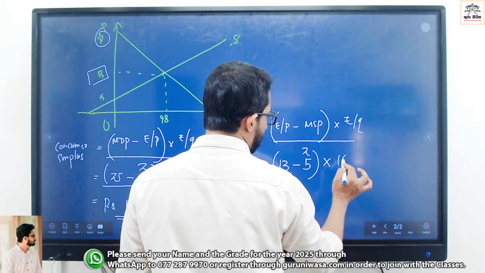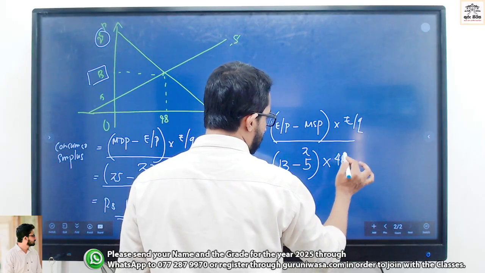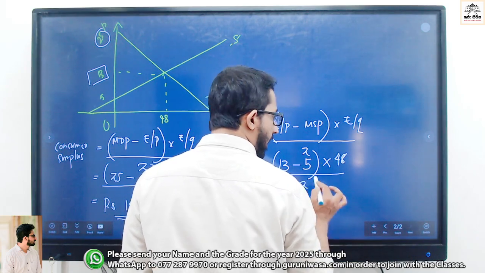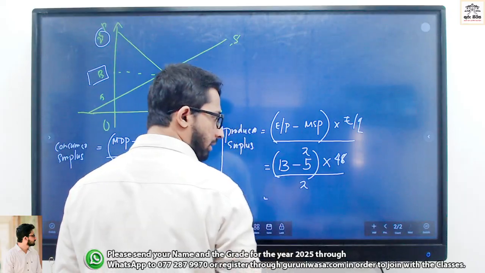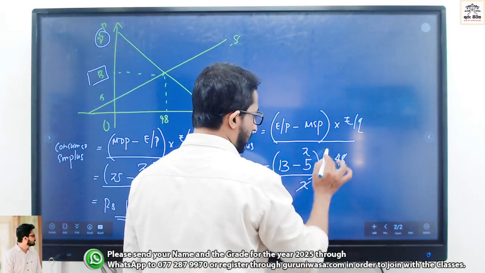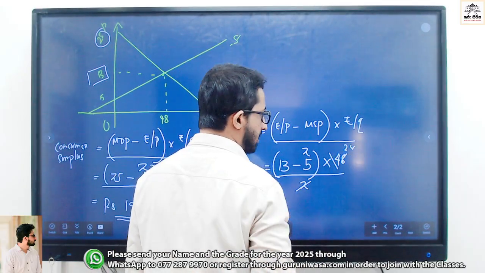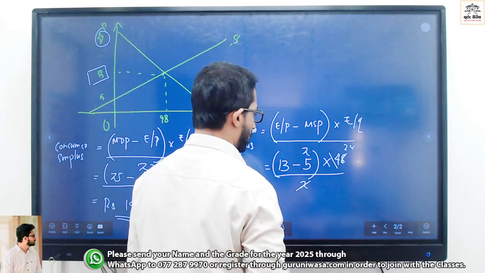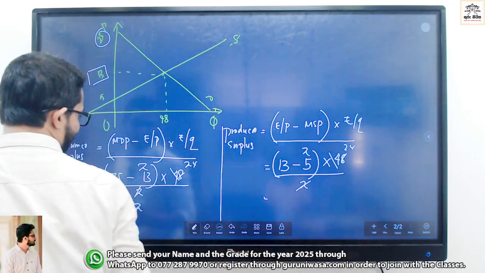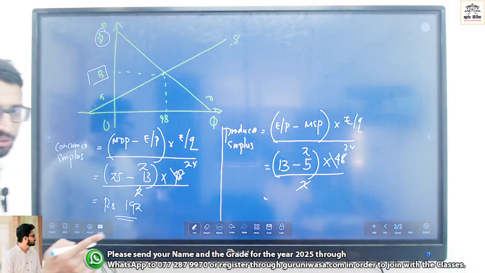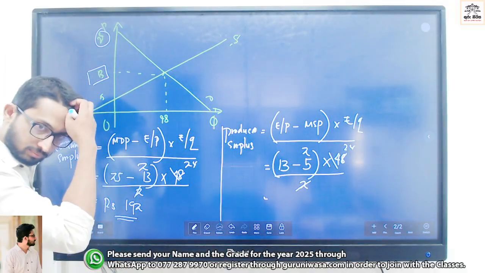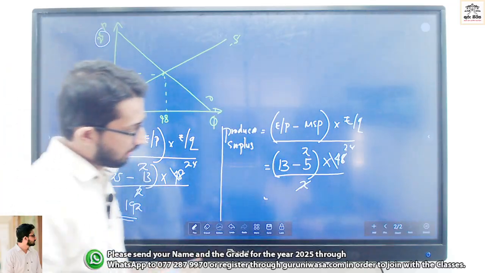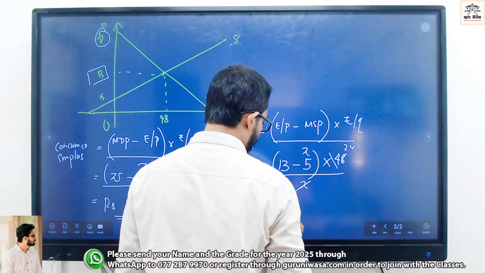Equilibrium quantity 48 units, divided by 2 as it's a triangle. So 24 into 8. No, here it's not 120, more than that. Here 8 into 24, it's 192.